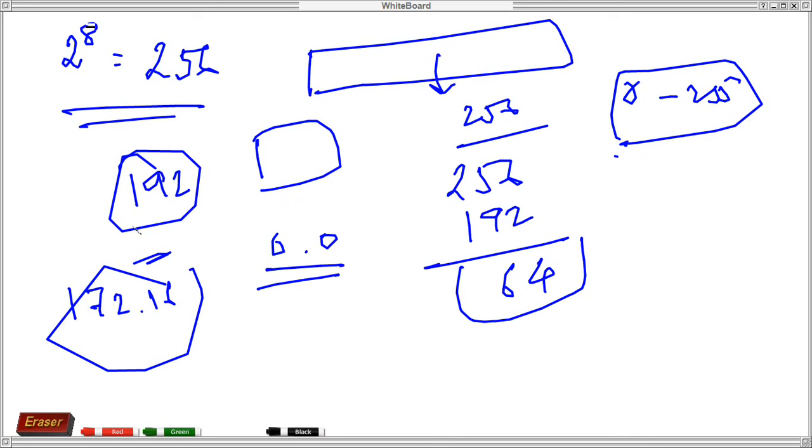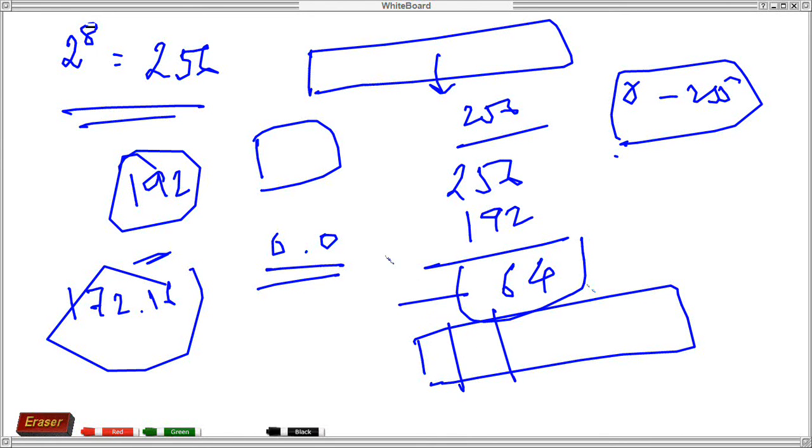Now if you look into the 8 bits, the first 2 bits will now be in the network portion. If these 2 bits are varying, what are the numbers I can get? 0 0, 0 1, 1 0, 1 1.